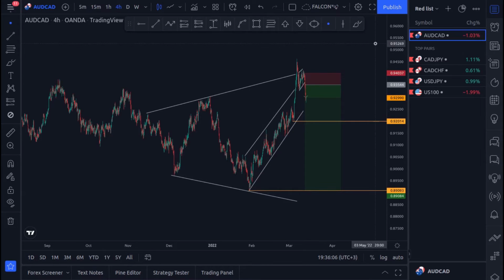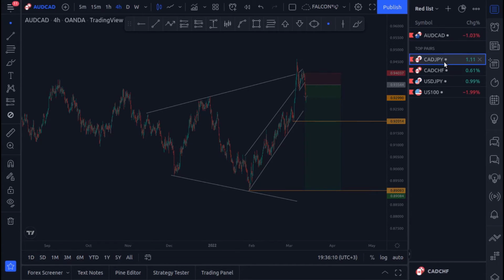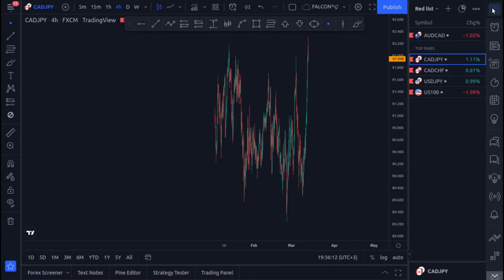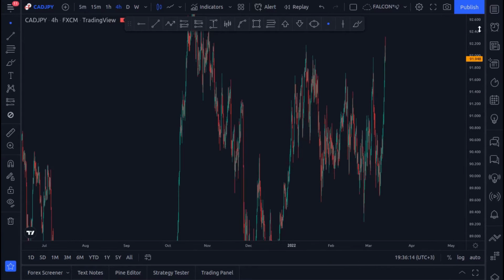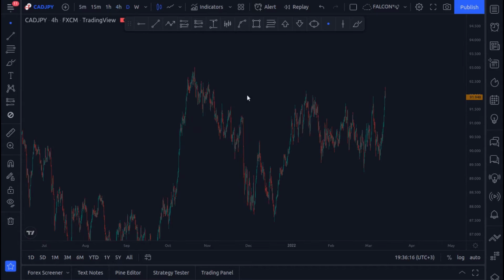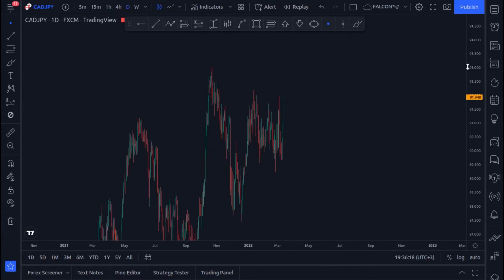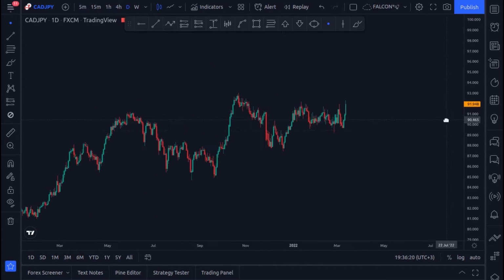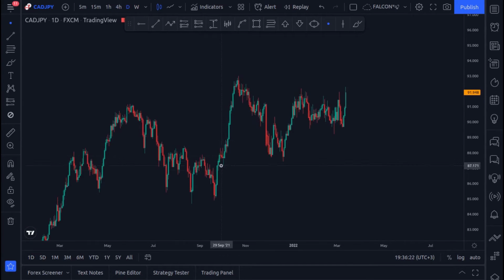Okay, so let's see CAD. We'll start from the daily chart as usual. Okay, from the daily chart, as you can see, this was an impulse. We made a deep correction.